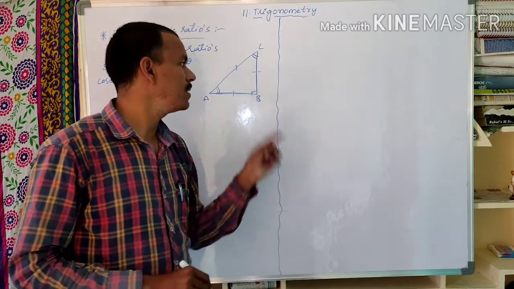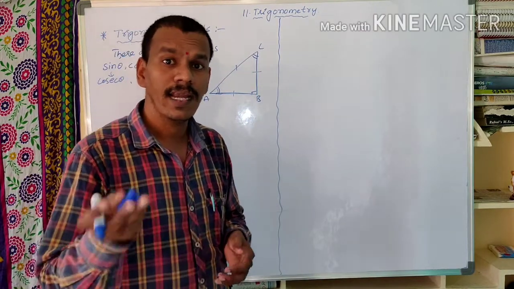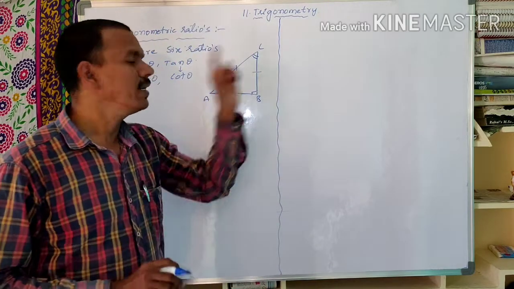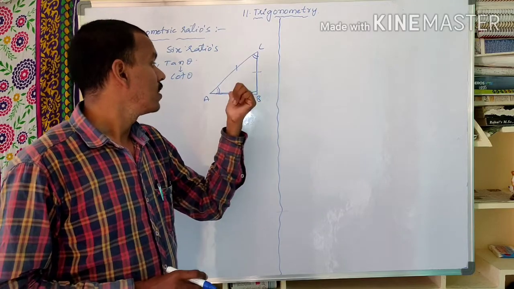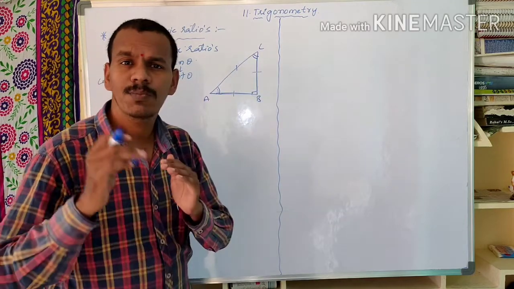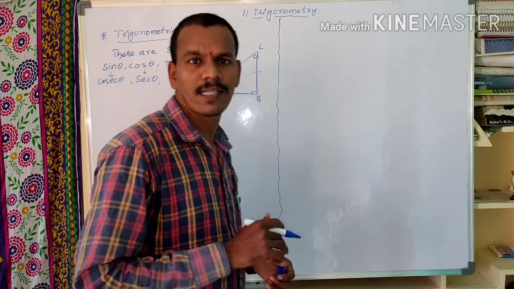So here in triangle ABC, AB, BC and AC are the sides of a right angle triangle and their acute angles are angle A and angle C only. Now in that, the first one is sin theta.